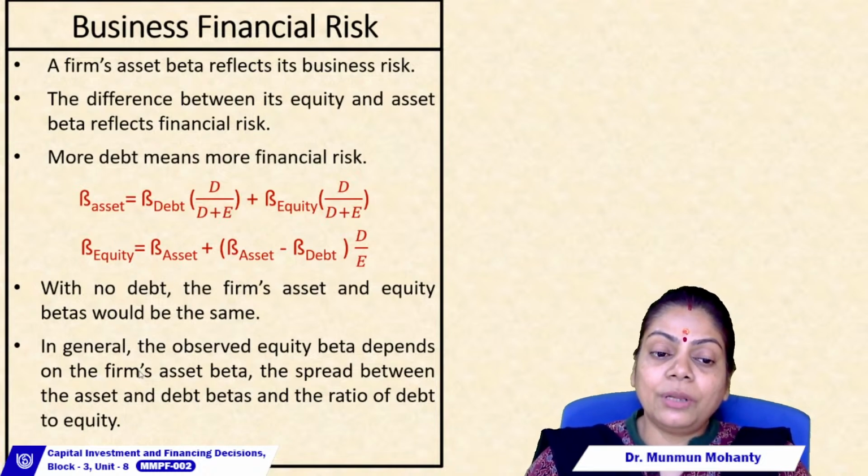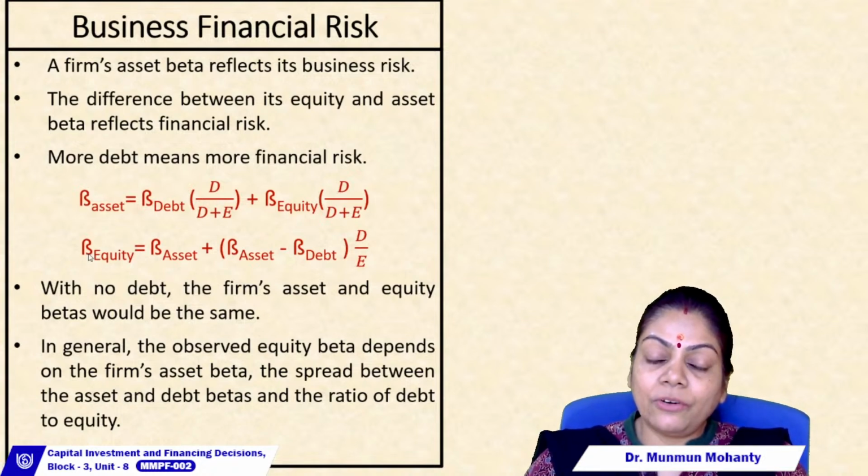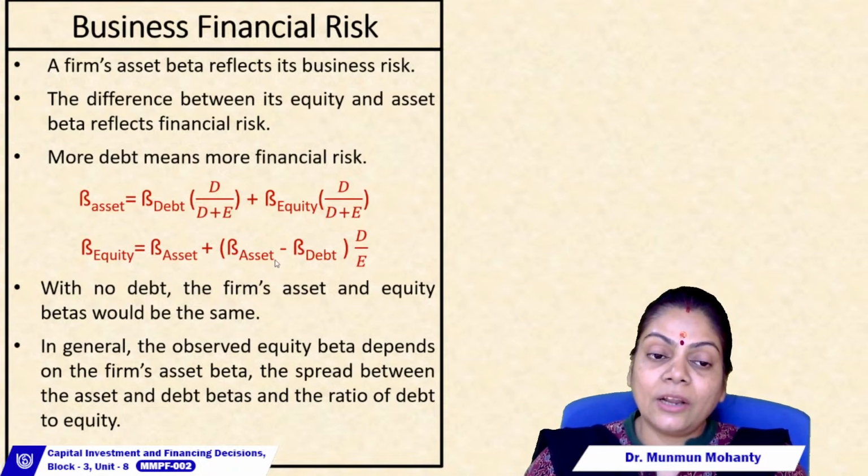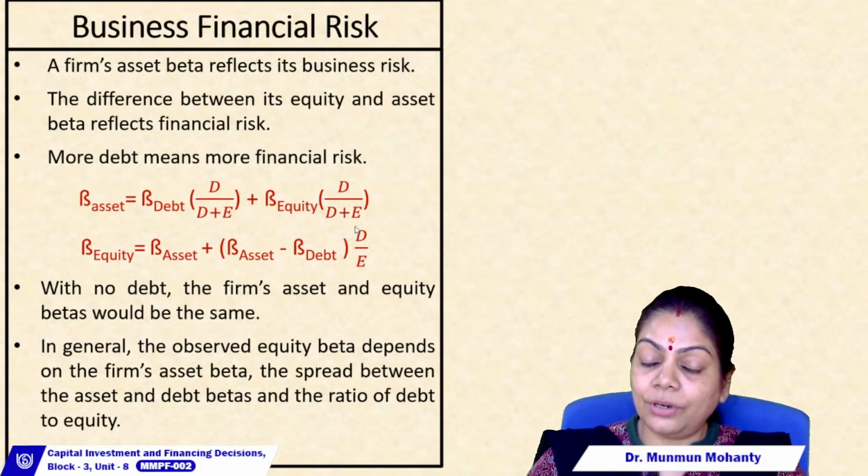Now, when we're talking about observed equity beta, from this equation, it is not difficult to estimate that the beta of equity is dependent on the spread between the asset and debt beta, and also dependent on something called leverage. Because beta of the asset remains constant, the higher the debt, the higher is your risk, and higher is your leverage.